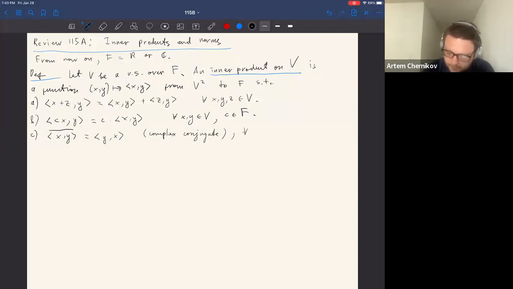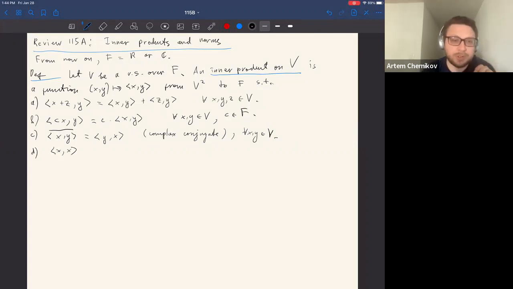This holds for all x, y in V. In particular, if our field of scalars is the reals, so if F is R, then the complex conjugate does nothing, and we have simply that this function is symmetric: the inner product of x, y would be the same as y, x over the reals, but in the complex case, we require taking the conjugate.